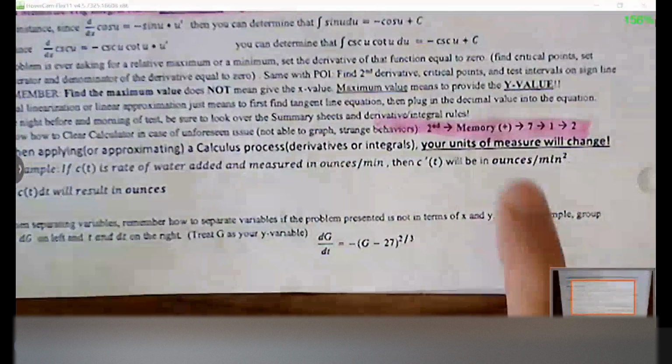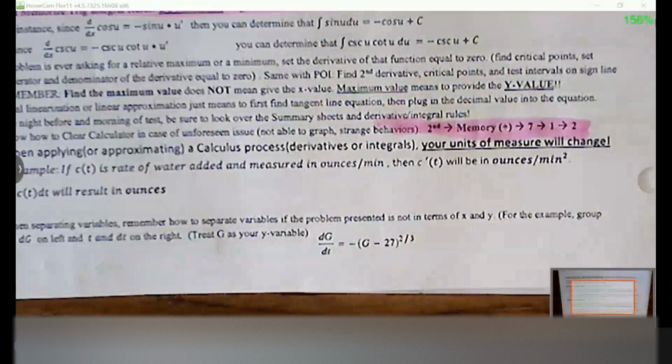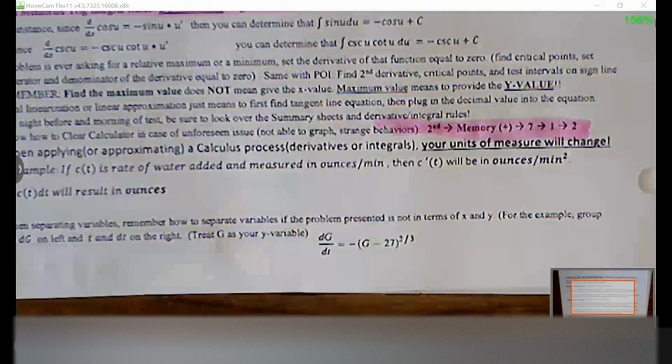Know how to clear memory in your calculator, because what I've seen is sometimes students enter in something strange and they can't get back to where they were before, and you can't ask for help. You can't ask somebody to figure out what's wrong, or maybe you can't get that screen to show up.